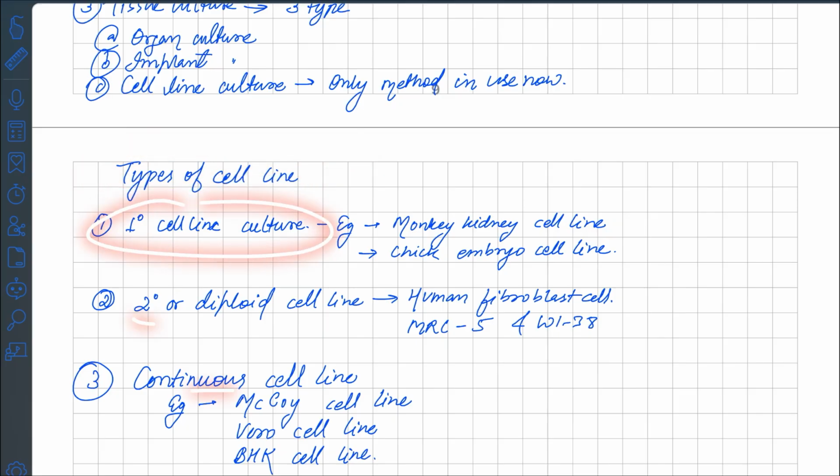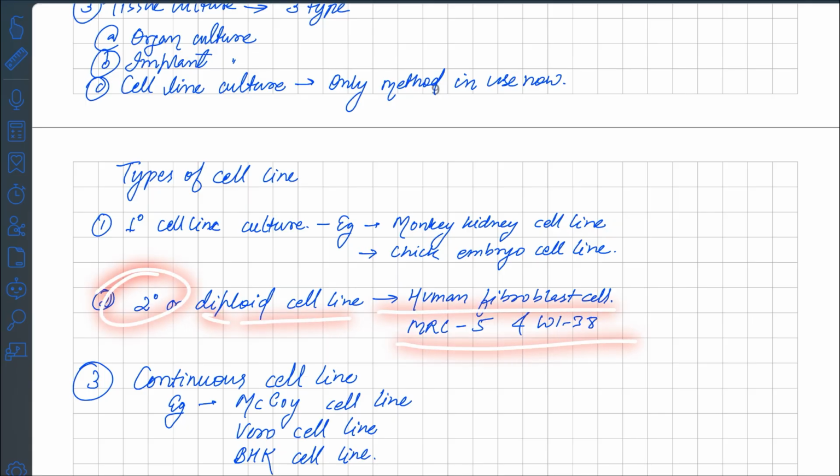For the primary cell line culture, some examples are monkey kidney cell line and chick embryo cell line. Secondary or diploid cell line is human fibroblast cell, MRC5, WI38. Then there is continuous cell line like McCoy cell line, Vero cell line, BHK cell line. You'll find these cell lines further as you study the viruses in detail in their lab diagnosis.